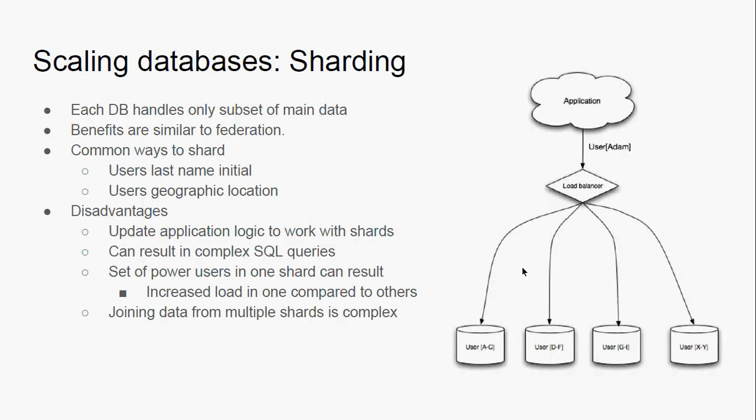Another disadvantage is that though we split by this range, there could be so many users, say within users A to C, that you are overloading this one part of the databases. There may not be many users in users D to F, so you need to carefully choose which subset and how much data it normally handles.